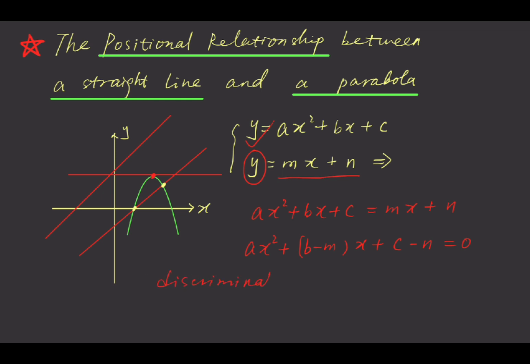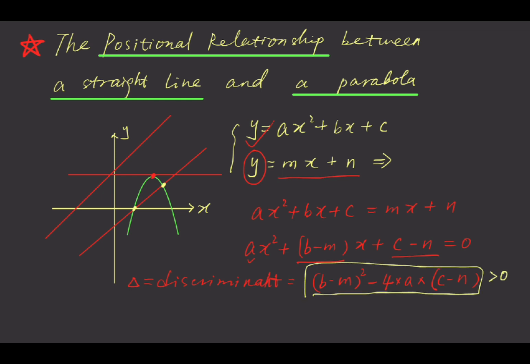Discriminant equals this one squared minus 4 times a times this part, c minus n. This is the so-called delta. It's the discriminant for the quadratic equation. This is the discriminant.